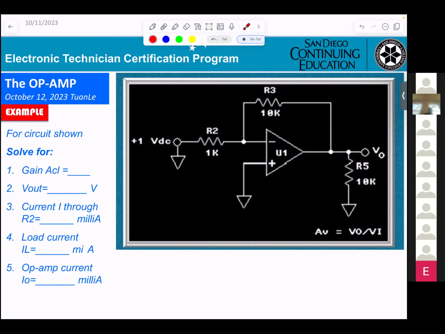If you get the correct answer from 1 to 5, that tells me you really understand. And you will see that when you're doing the lab.